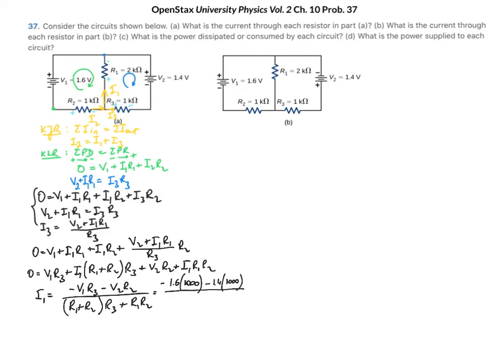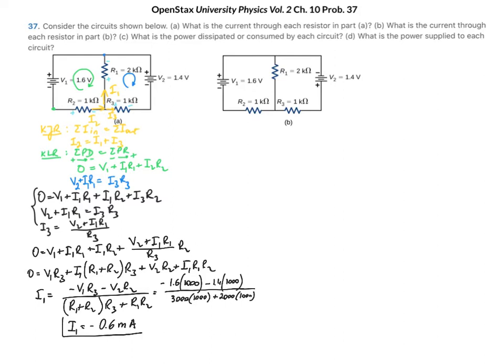So that's 1 plus 2, that's 3,000, times R3, which is 1,000, plus R1, that's 2,000, times R2, that's 1,000. So when I do the calculation, I end up with I1 being negative 0.6 milliamps.